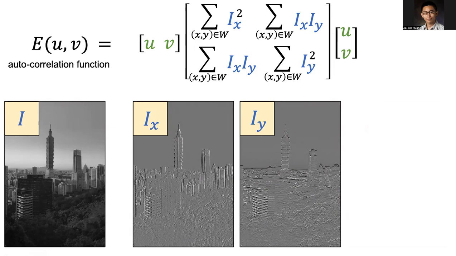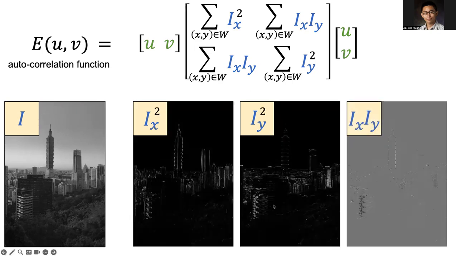Make sense? All right, so which means that you can prepare this by squaring Ix, squaring Iy, and multiplying Ix and Iy together. Okay? So now you need to take care of this summation, right?